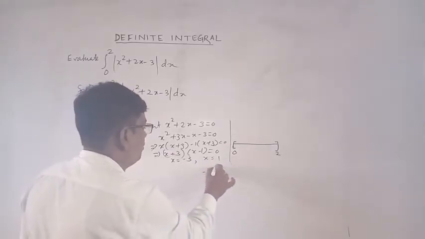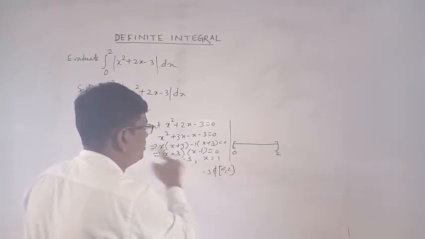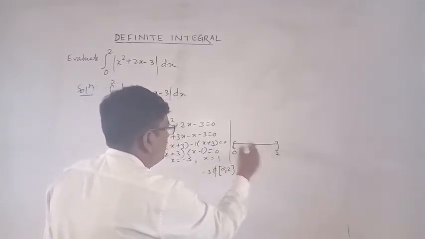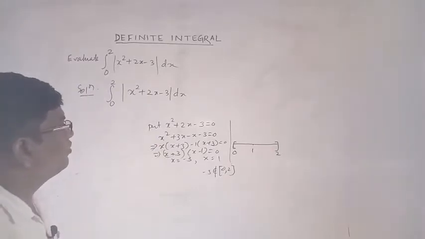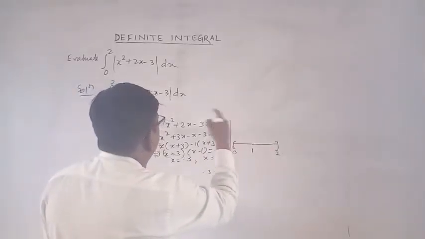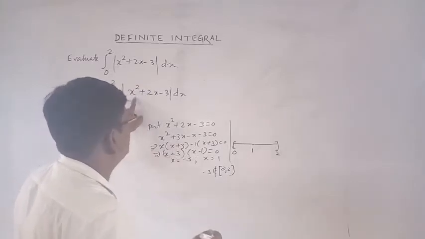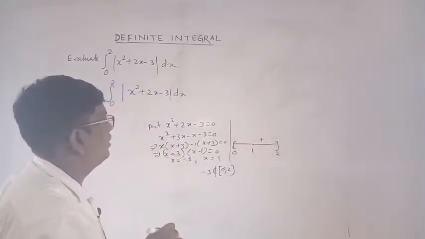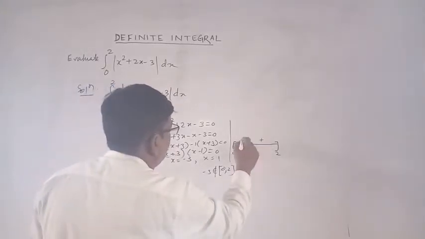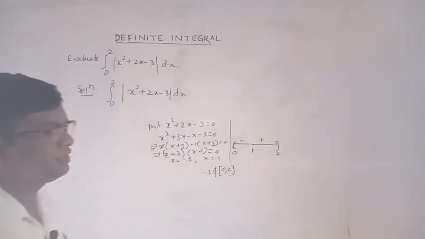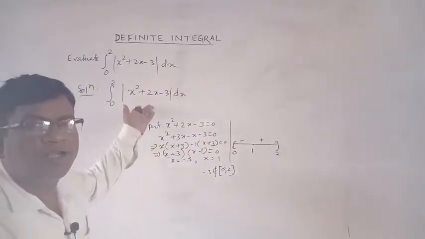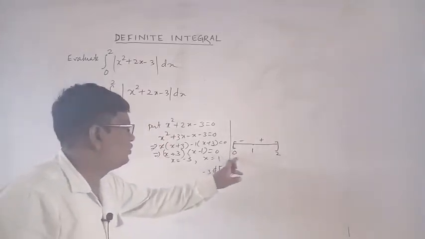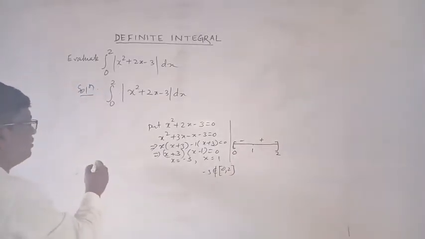The other point is x equals 1. Now the coefficient of x square is positive, so the sign is plus, then minus, then plus, as we discussed previously in increasing and decreasing how to find the sign of an expression. So from 0 to 1 it is minus, so put minus here.